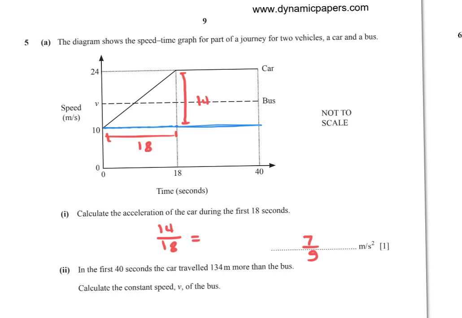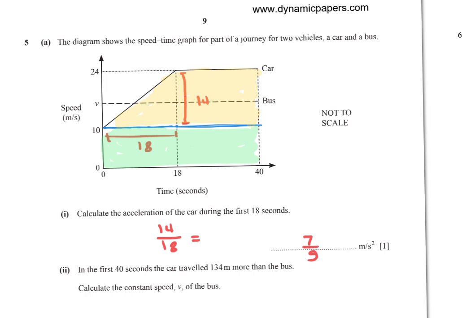So we can find the area for this rectangle, 40 times 10, plus area of trapezoid, then add them together to find the distance covered by the car.